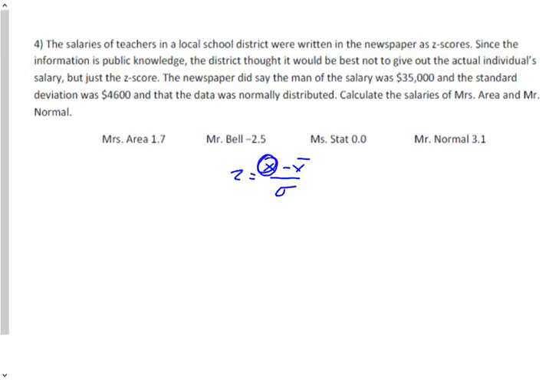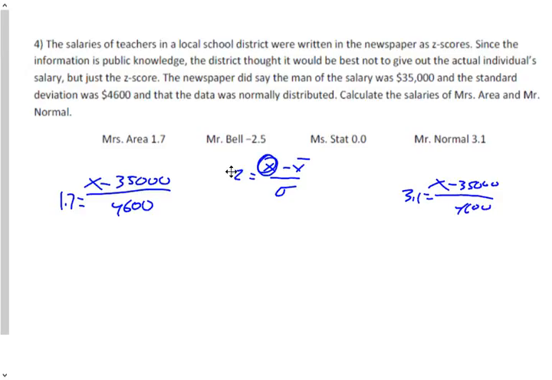Because what we're looking for is this number right here. So 1.7 is actually the z-score, the value minus the mean over the standard deviation. And you're going to have to solve this equation for each of those. So we're going to multiply both sides by the 4,600 and then add 35,000.